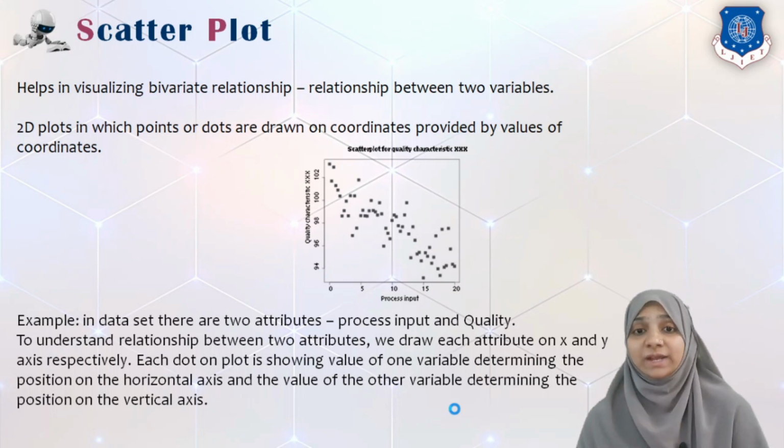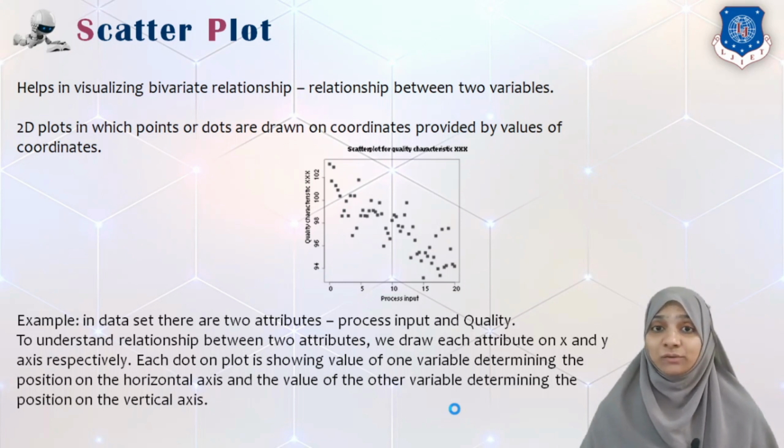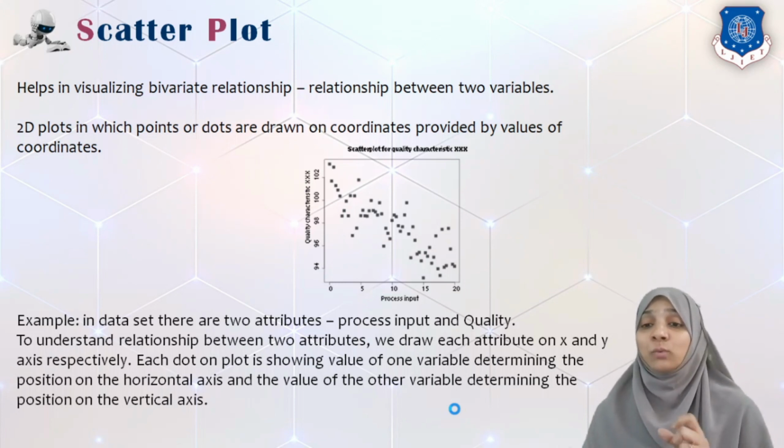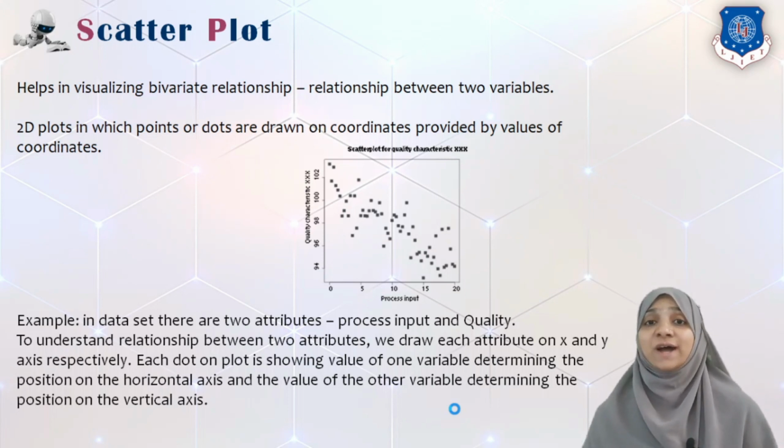A scatter plot is basically a two-dimensional plot where dots are drawn on a coordinate system, which provides coordinate values. Over the x-axis, we will have one attribute. Over the y-axis, we will have another attribute. Make sure that both of these attributes are quantitative attributes.